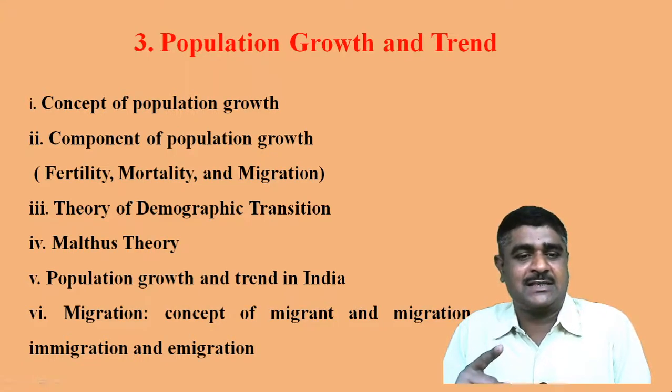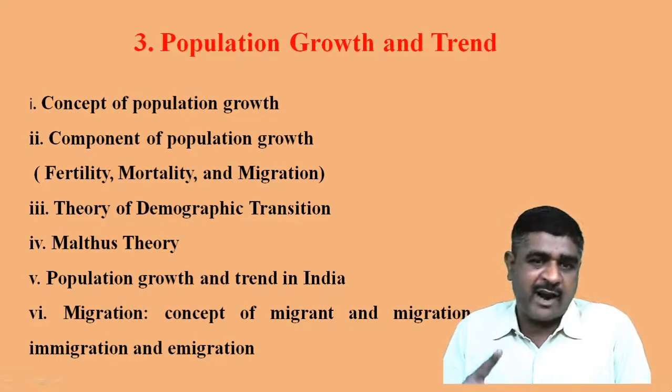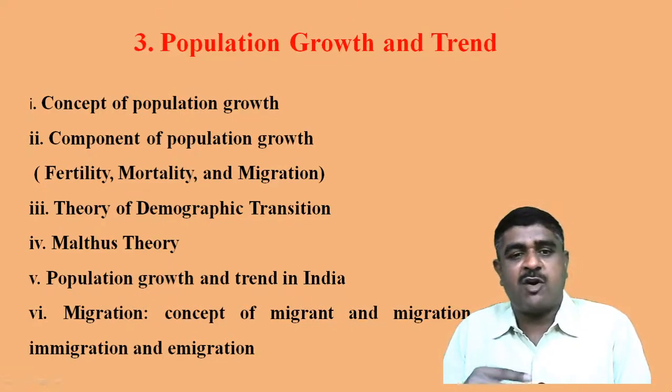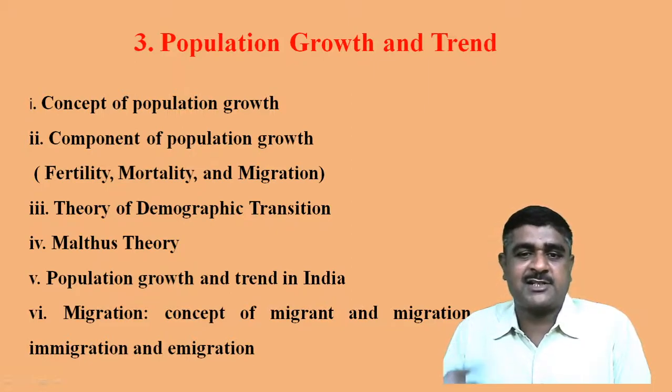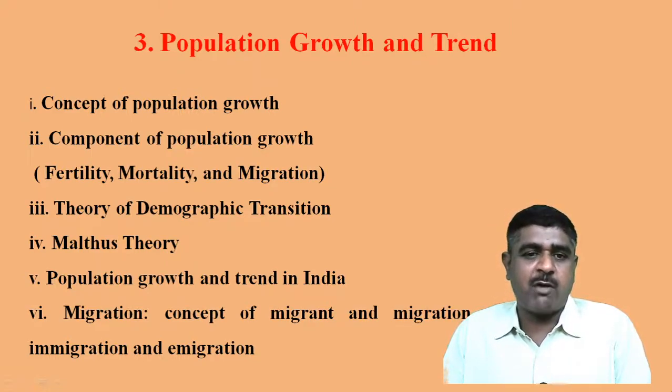We'll see in detail the definition, measurement, and how a number of factors have their influence on fertility, mortality and migration in topic number three. Then theory of demographic transition. We all know very well that Notestein put forth the demographic transition theory, which is a very important theory in population geography.